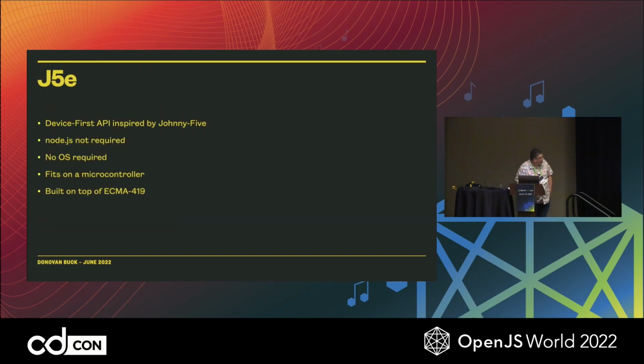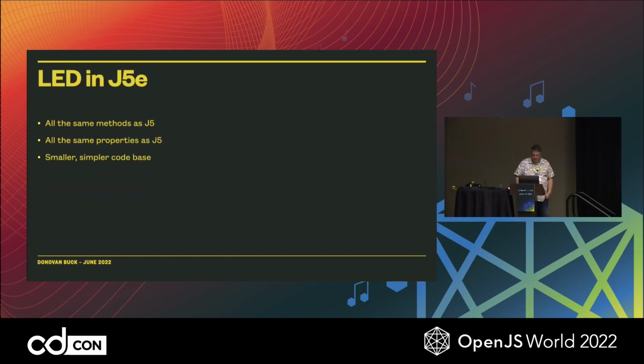So we have J5e for embedded systems now, built upon ECMA-419. We were able to get port classes straight from J5e, but we were able to strip out a lot of code. So in the case of LED, we don't care if the pins are built in or located halfway around the world or attached to your computer with a USB cable.